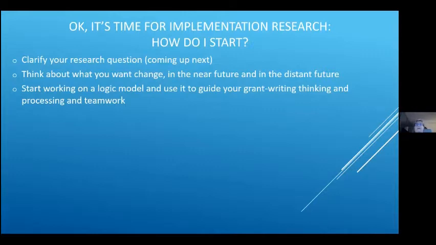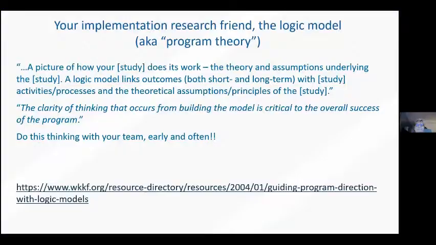So I would say the first couple of things that I would do are start to draft a research question, be really clear about what it is I'm trying to change, and start at a very early time working on a logic model. So I'm going to take us through logic models, and then I will pause and see if there are some questions or comments in the chat. So the logic model is your friend. It really should be your friend in implementation research and in any type of research that involves change.